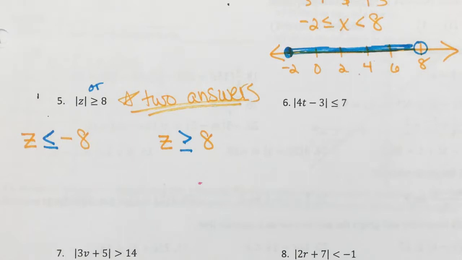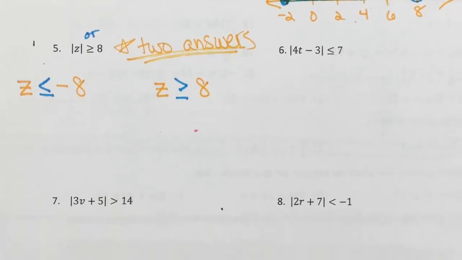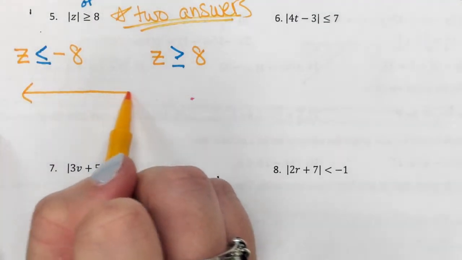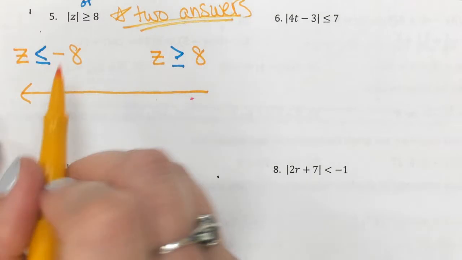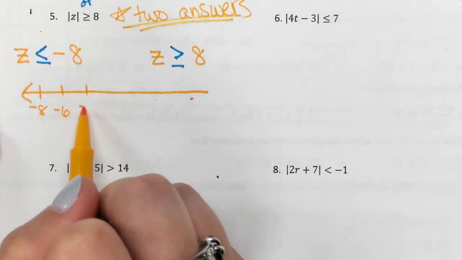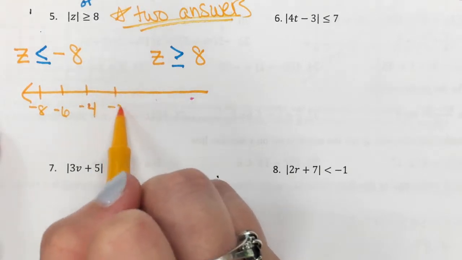Is there anything I could do to solve this problem? No, they're already solved, right? So what do I have to do now after I solve them? You've got to graph them. There you go. But this is going to be kind of large. So what do you want to count by instead of ones? You want to count by twos? Okay. Well, I already counted by twos now.